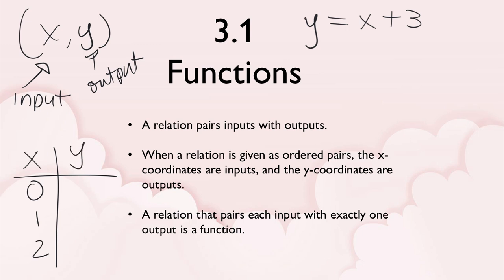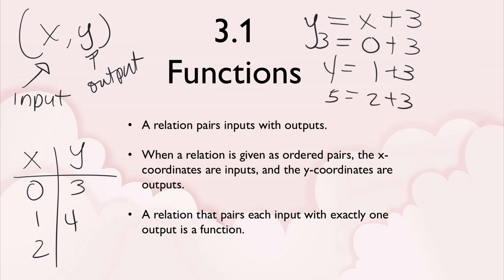I'm going to input, using substitution, where my x is at. So what will my y be? What's 0 plus 3? 3. So my output is 3. If I use 1, what will my output be? 4. And if I use the 2, my output will be 5.